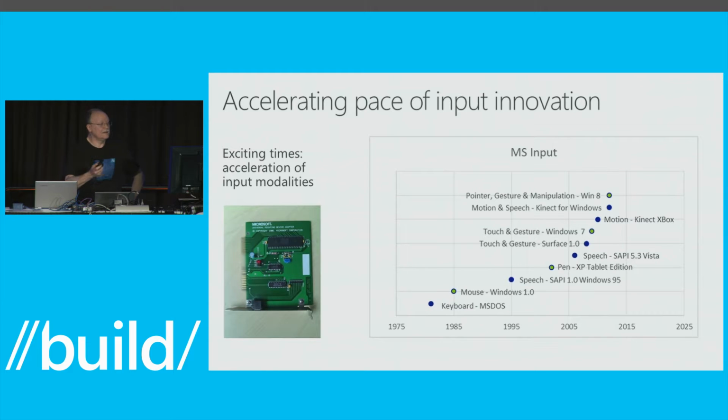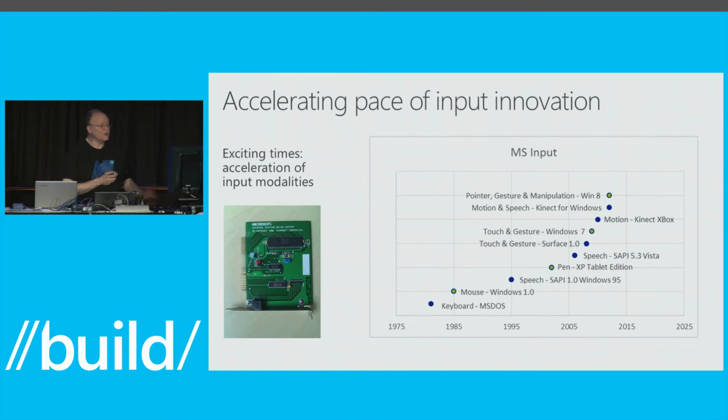And then we had the original Surface table with touch and gesture support. We put that into Windows 7 a year later. The Kinect came out with the Xbox a year after that. There's a new version of Kinect for Windows. You heard some of that at the keynote this morning. It contains motion and speech, and there's definitely a programming for Windows aspect for that, not just the Xbox.